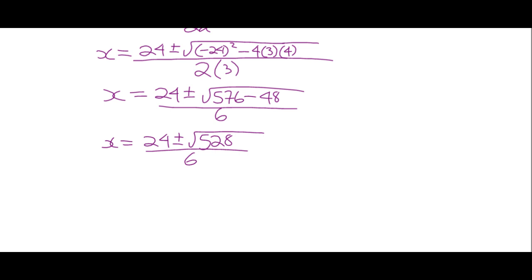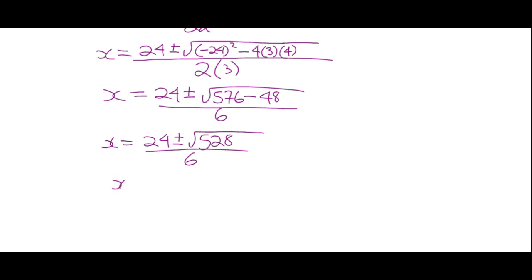Okay, that's divisible by 4. So how many times does 4 go into 132? 132 divided by 4 is 33. Okay, so we can pull a 16 out, right? There's 2 4s. So what's 528 divided by 16? It's going to be 33, right? But just make sure you get that.